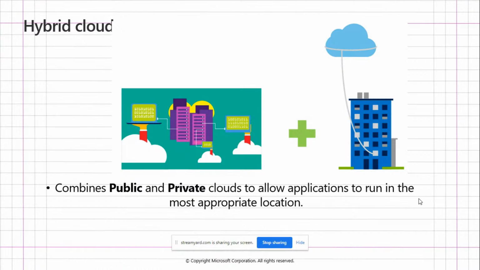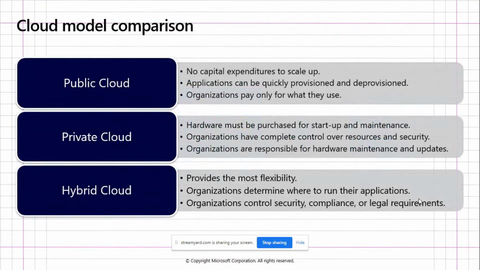That is called a hybrid cloud. You may now have a confusion about why we are differentiating public cloud, private cloud, and hybrid cloud. This is the major comparison between all these three.